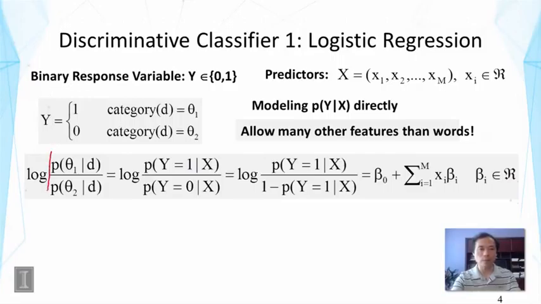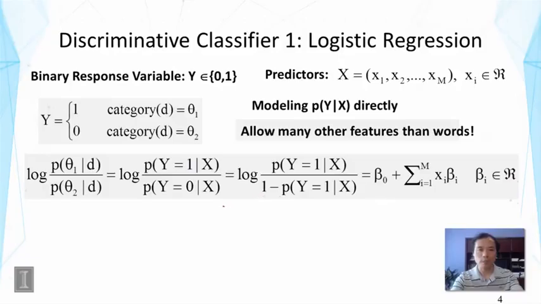In the case of naive Bayes, we computed this by using Bayes rule, and eventually we reached a formula that looks like this. But here we would assume explicitly that we would model the probability of y given x directly as a function of these features.